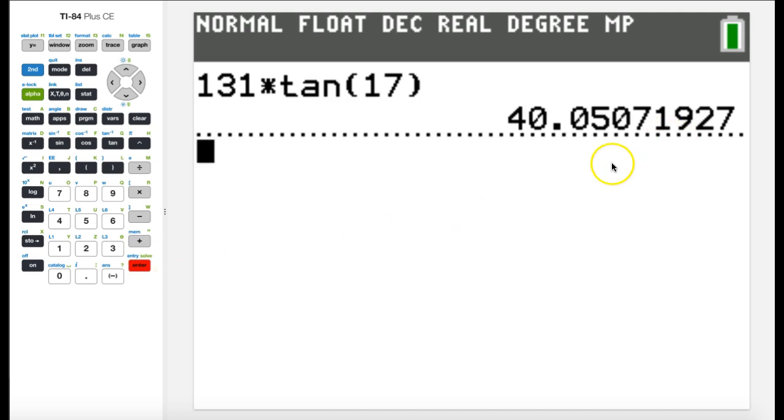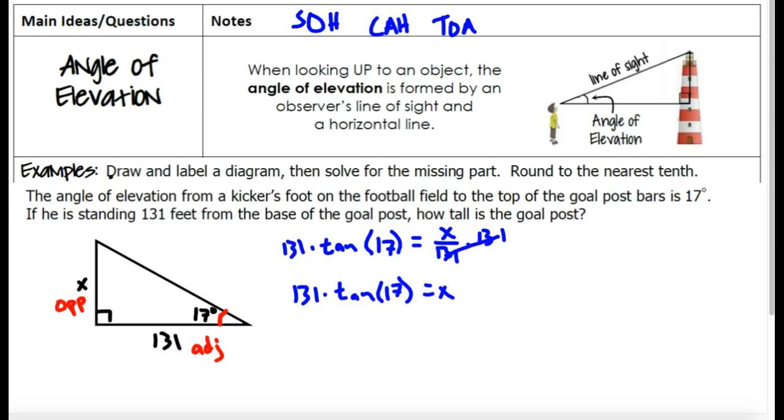So for rounding to the nearest tenth, remember, since the hundredth place is 5 or greater, that means we would round this up. So this would be 40.1, and we were given units of feet, so 40.1 feet is how tall the goalpost was.